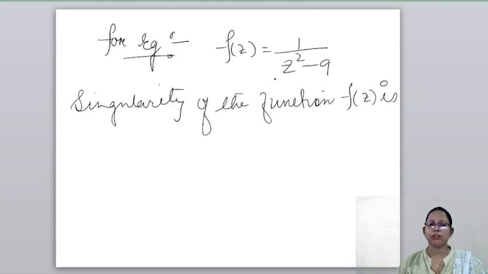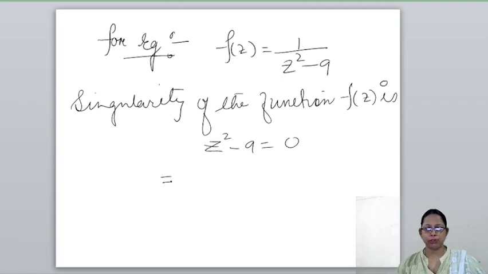For that, you should equate the denominator to 0. This function is not defined when the denominator is 0. So z is equal to plus minus 3.